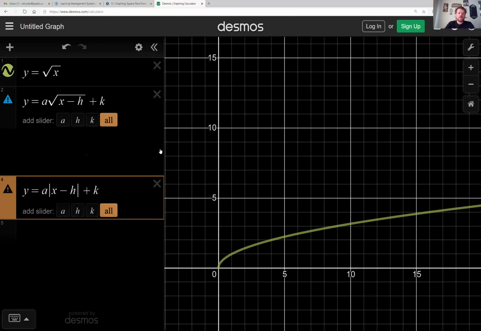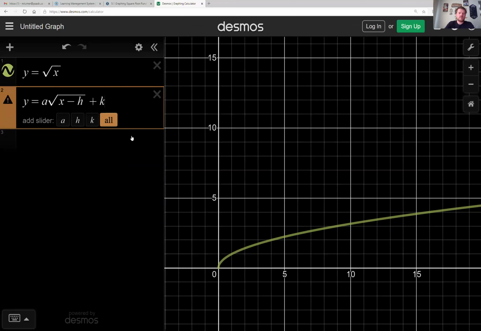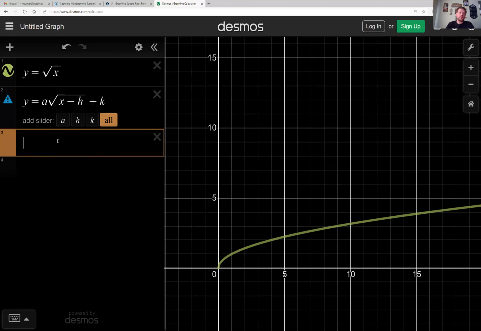So very simply in this assignment, you'll be given your parent function and asked, okay, well, how do I move this up? How do I move this down? And you can add the sliders here in Desmos if you want to play with it. But remember that k is what moved the function up and down for quadratics, for absolute value functions, for any function family that looks similar to this, it's the same process.